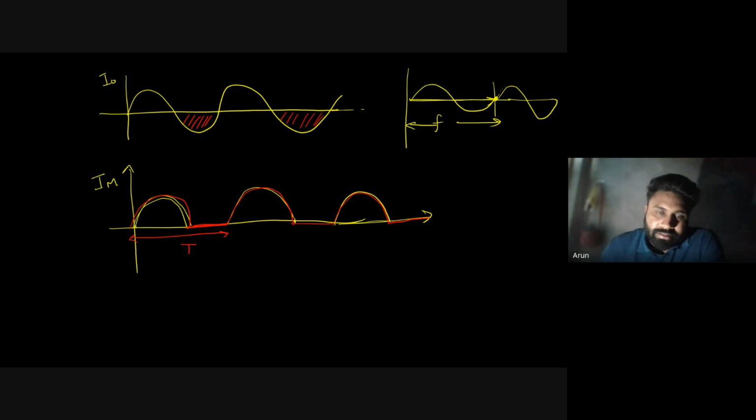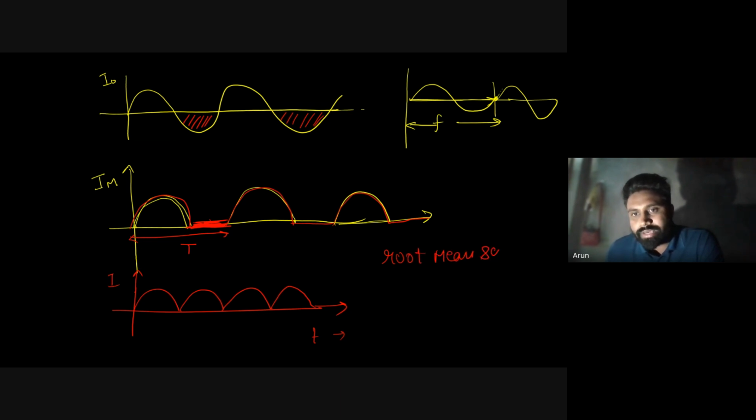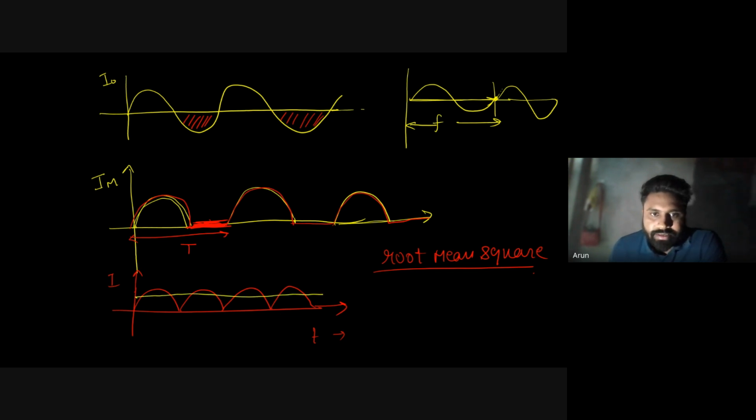Okay. If I decrease this time period, this gap, and if I take it closer to one another, then what will you have? You will have a pattern like this. You know? And if you take the RMS of this, which is root mean square, this variation of current, you will have a line which is somewhat below this point and will be a straight line.